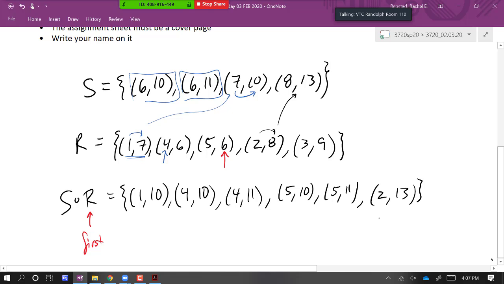And that means that 3 won't be related to anything in the composition. Once you see where R sends 3, the second coordinate in the R ordered pair has to show up as a first coordinate in S in order for this 3 to map to anything. There can be no dead ends when you're finding a composition.